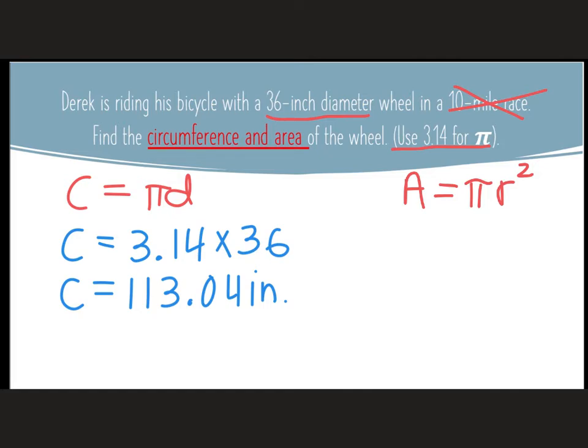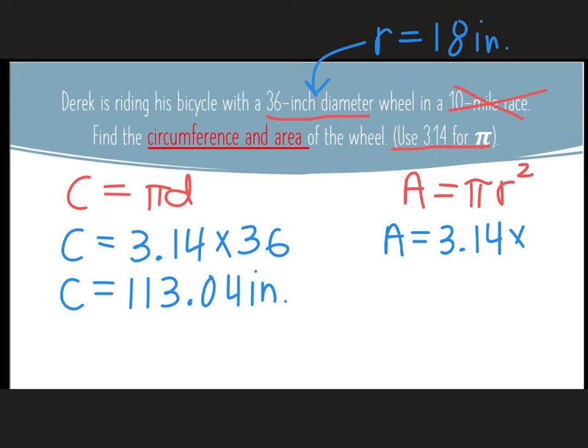Same idea for area. We have to substitute our numbers. We're still using 3.14 for pi, so area equals 3.14. Now, it's our radius squared. Remember, a radius is half of our diameter, so our radius here is going to be 18 inches, which I got by doing 36 divided by 2.